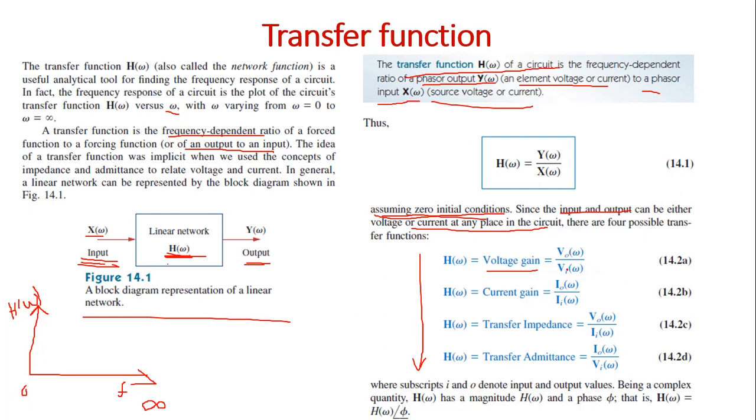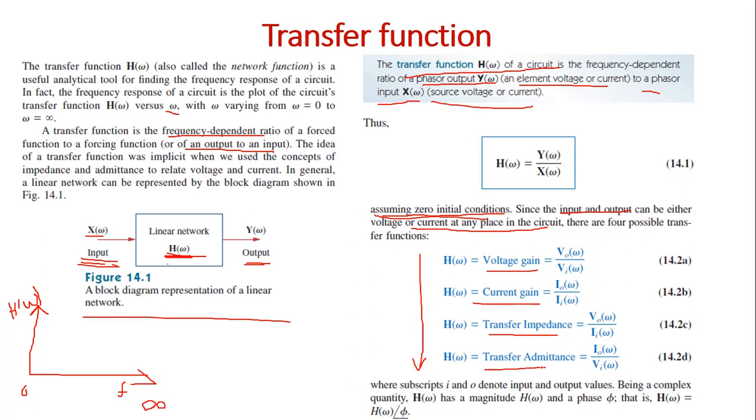The O and I indicate output and input. Then another transfer function is the current gain, which is the ratio of output current to input current. Or we can get another transfer function which is a function of voltage and current, that is the transfer impedance. Impedance Z is equal to V by I, we know that. So it is the output voltage by input current.